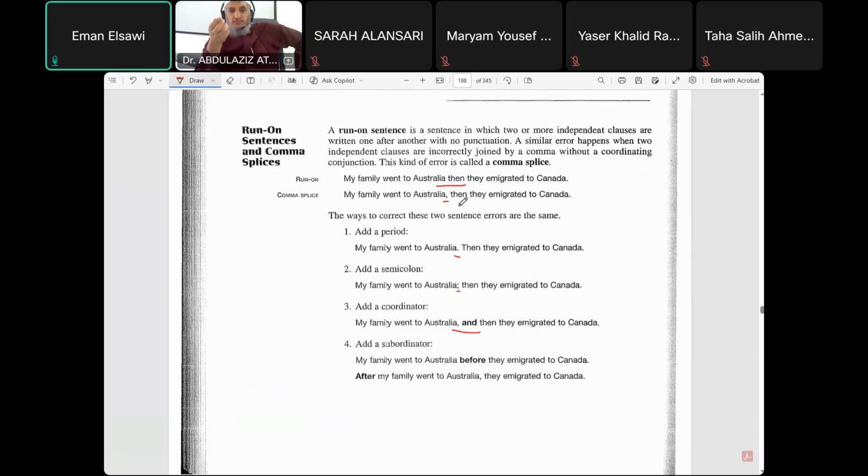Yes, if the first one is an independent clause, we cannot put a comma, except if we have something like and. You must have a subordinating conjunction or a coordinating conjunction. One of them. But without them, it is not good. This then is not a linker, not a coordinator, not a conjunction. Okay, they call it serial listing.